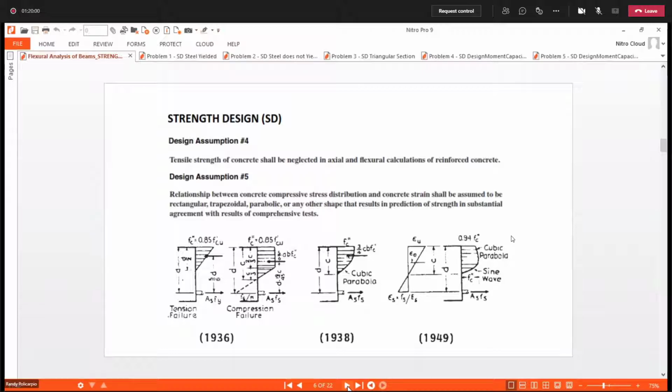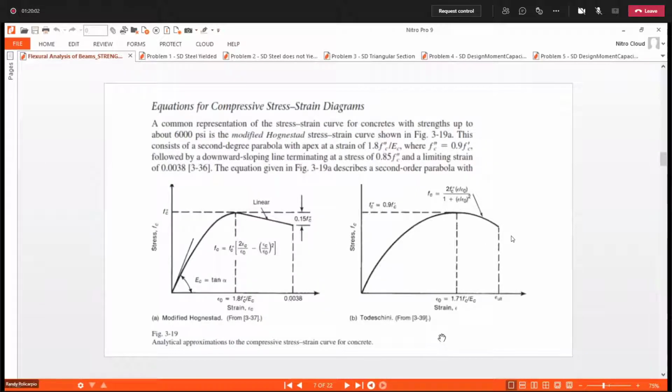Now, we have here also figure or compressive stress diagram. This is given by Hognestad and Todeschini, no? Yung kay Hognestad, no?